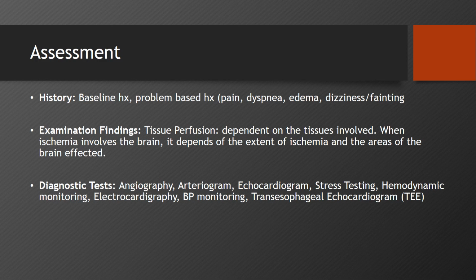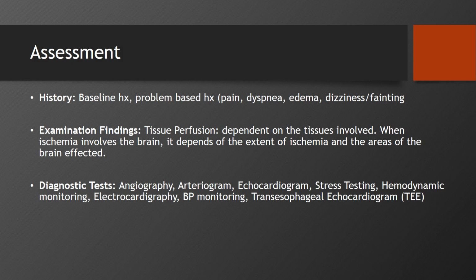Also, an issue with perfusion to the brain would be an occlusion of a vessel in the brain. That would be your stroke patients, right? And we would notice huge neurological changes if they had an occlusion in one of their vessels. So it depends what area of the brain is being affected.